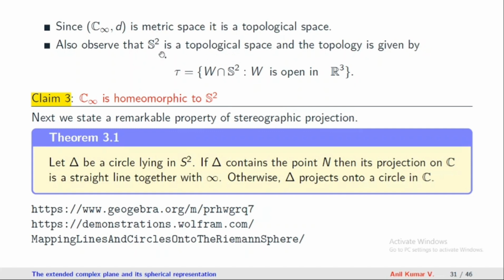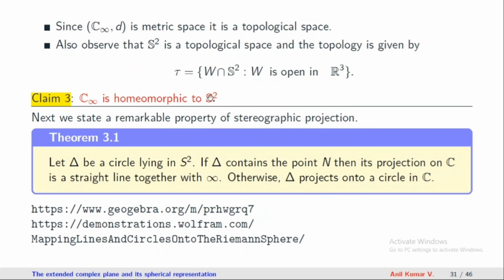So S2 is a topological space, and the topology on S2 is the subspace topology. Therefore the topology tau is equal to W intersection S2, where W is open in R3. Next we prove that the topological space C infinity is homeomorphic to the space S2.